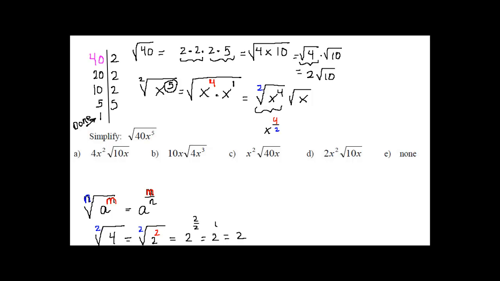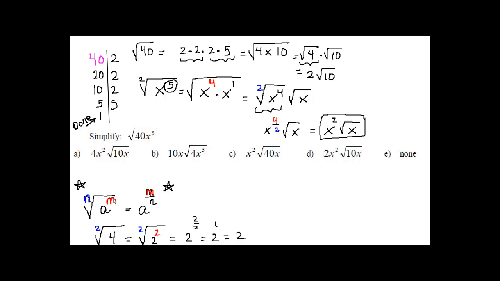And as Denise said earlier, this whole thing would be equal to x to the power of 2 times the square root of x. You were correct on that part. So you can always refer to this property to simplify.